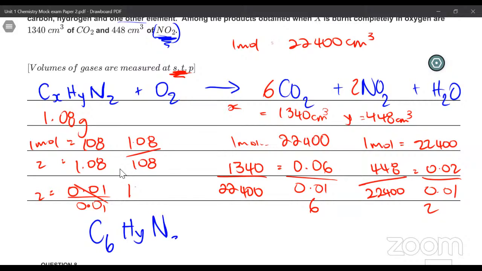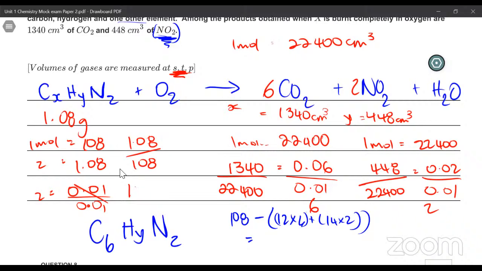Now, seeing that I know that the molecular mass is 108, and I know most of the number of moles of each atom in the molecule, I can just say 108 minus 12 times 6 plus 14 times 2.